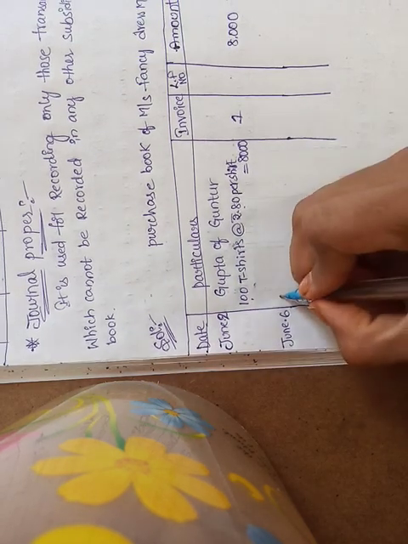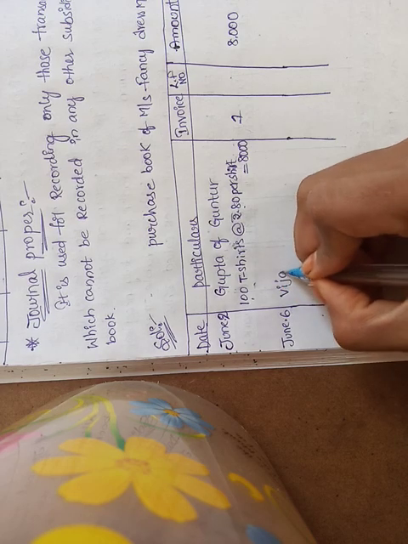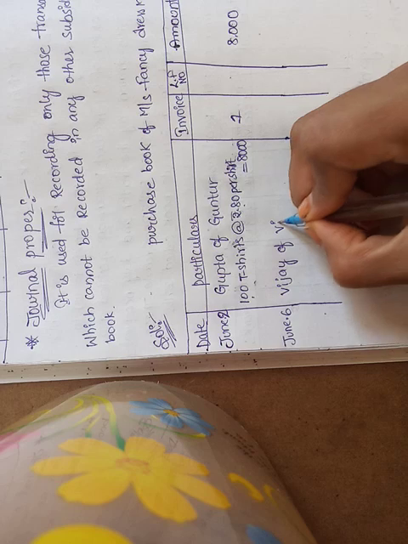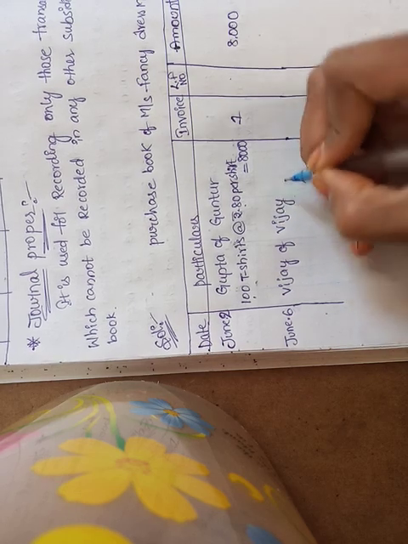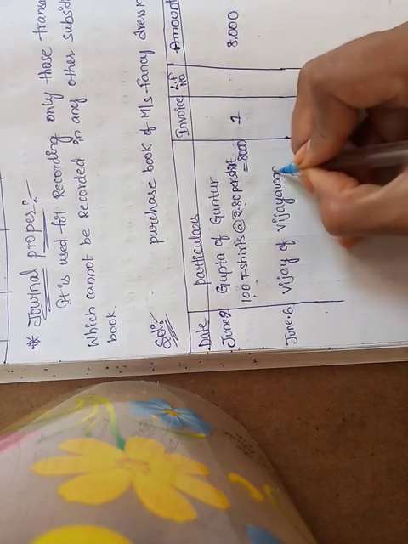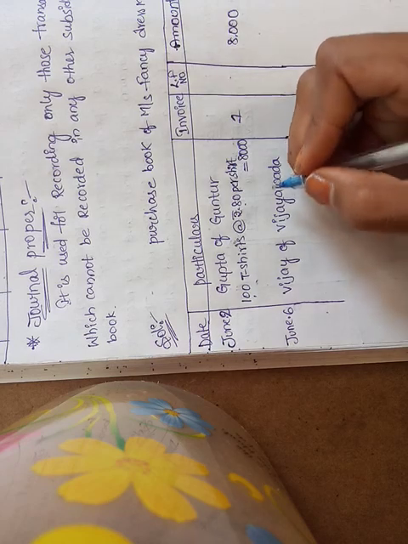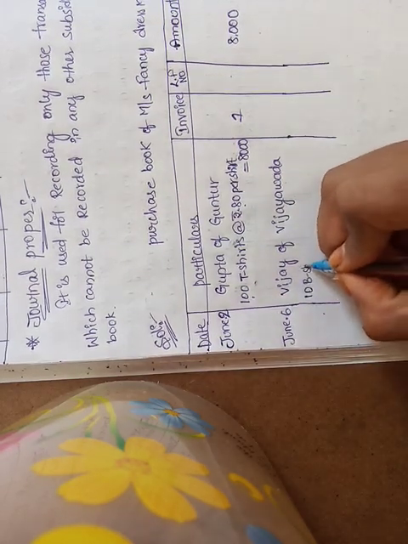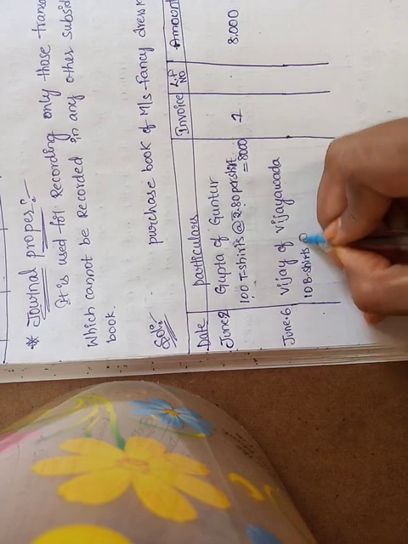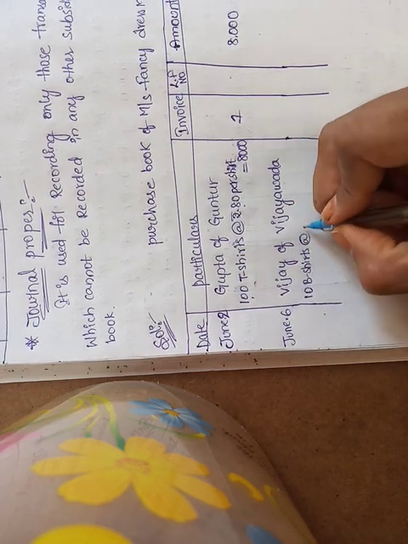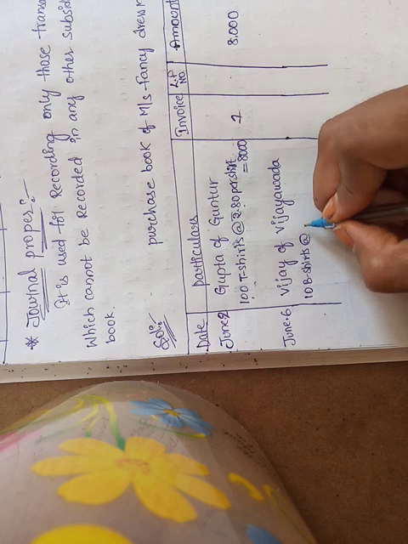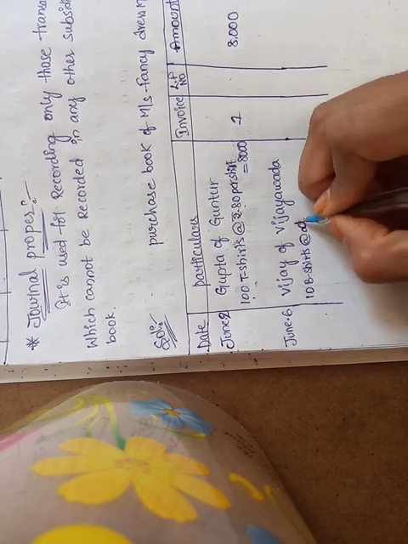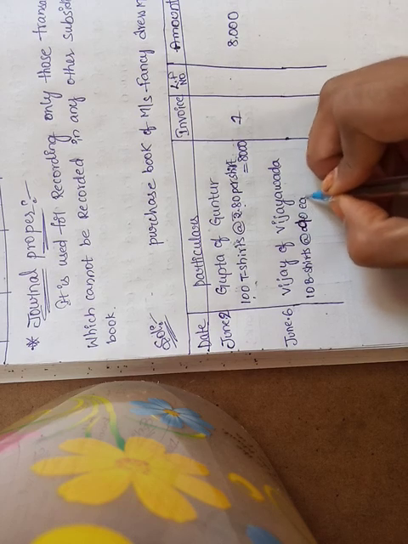Next is June 6th. Purchased from Vijay of Vijayawada. Vijay of Vijayawada, 10 shirts at the rate of rupees how much? At 90. 90 each.